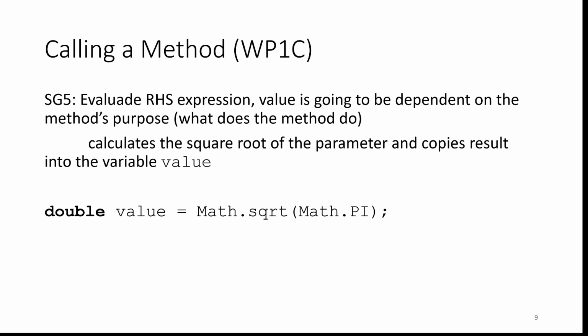It's calling the square root method from the math class, and it's calculating the square root of what's in the parameter, which is math.pi, which is a double. We get the square root of pi and then assign it to the variable value. That is the end of this worked example.